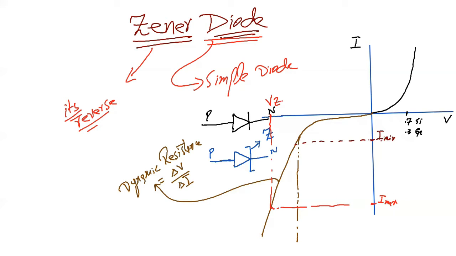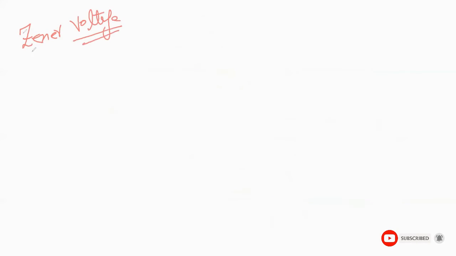You can put Z, that will give you the Zener current, and this will be the Zener current maximum. This Zener voltage will have a specific value for each Zener diode.